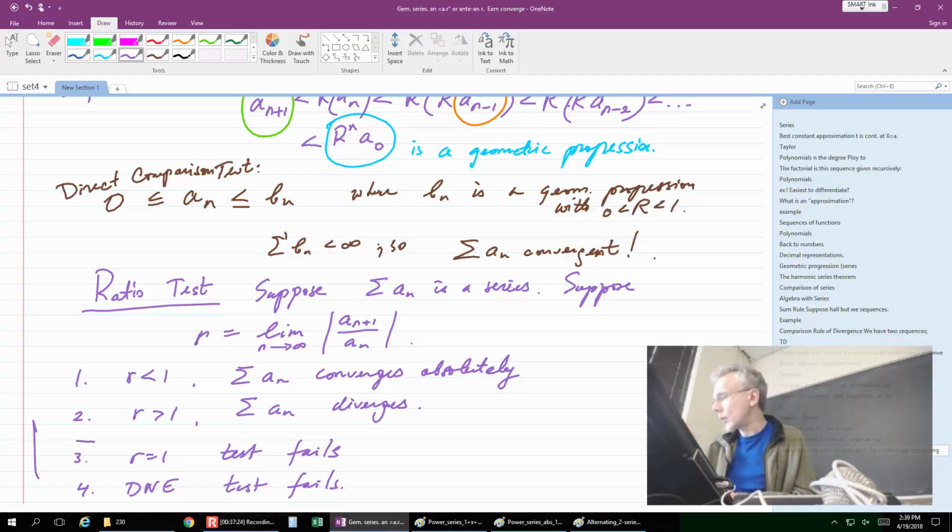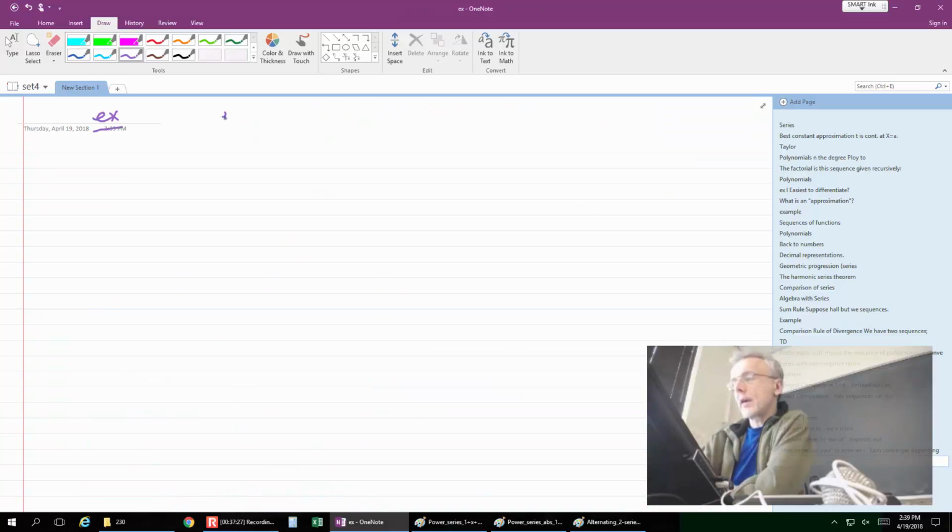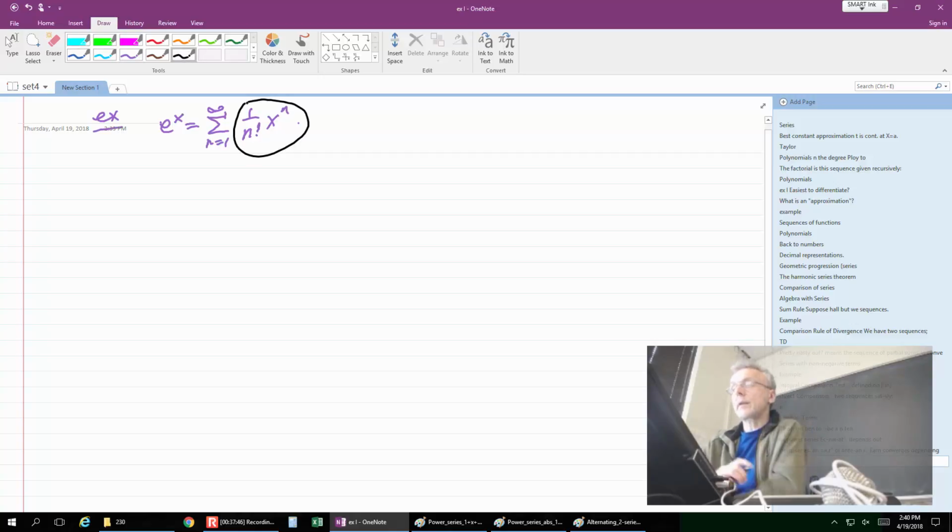So one series that we have talked about already, remember, was the series of the exponential function that we found, 1 over n factorial times x^n. Okay, so then the question becomes, what about this term? This is my a_n. So how do we prove convergence of this?